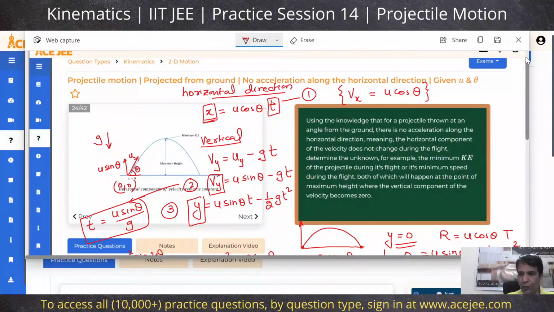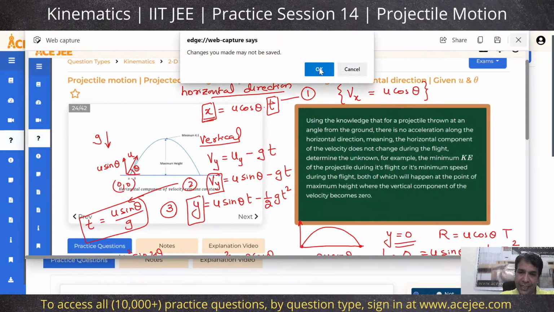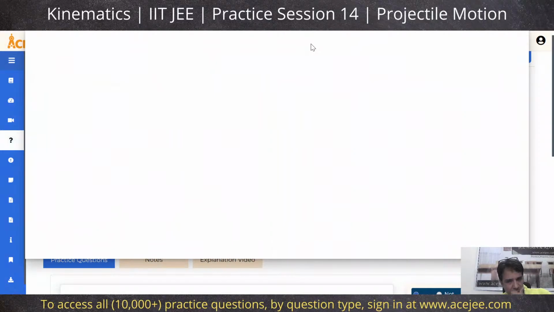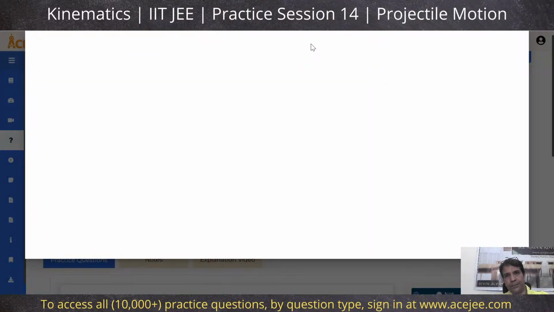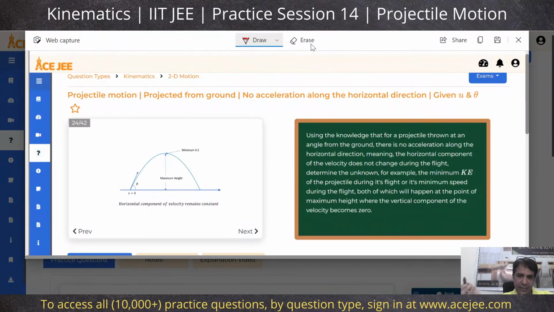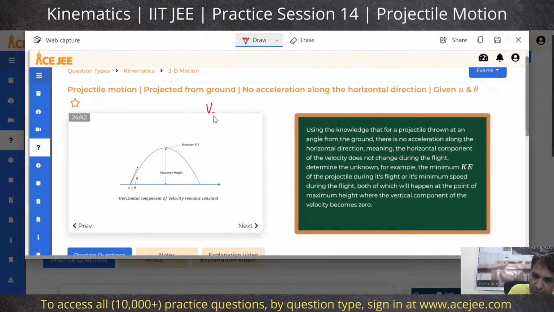If somebody wants to find out the velocity vector, what angle does the velocity vector make at the time t? How would we do that? Let's figure that out. The velocity vector at some time t: the horizontal component of the velocity remains unchanged, u cos theta.